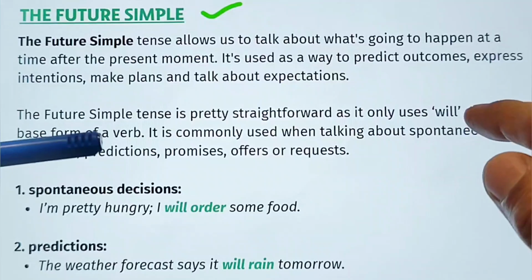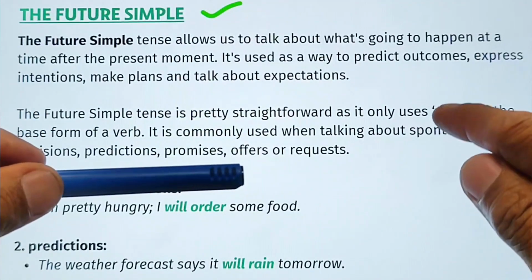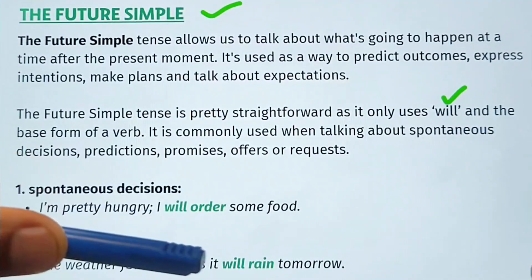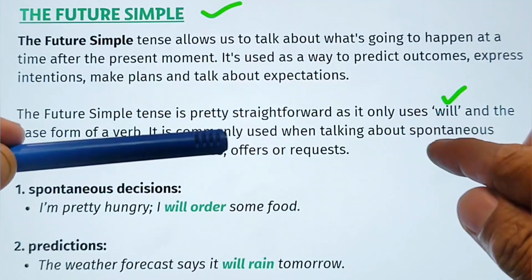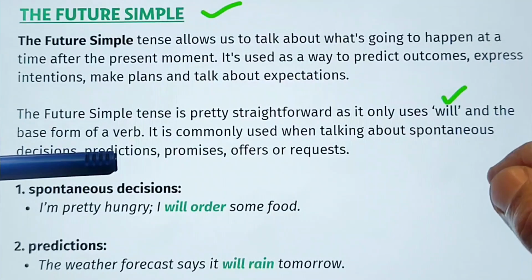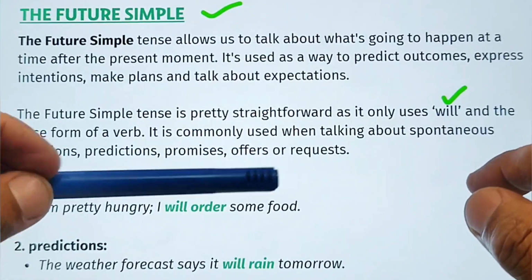The future simple tense is pretty straightforward as it only uses will and the base form of a verb. It is commonly used when talking about spontaneous decisions, predictions, promises, offers, and requests.